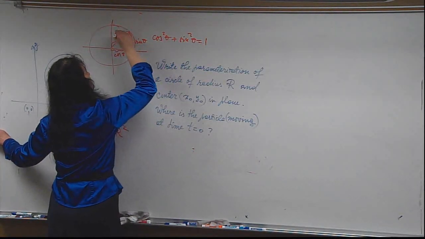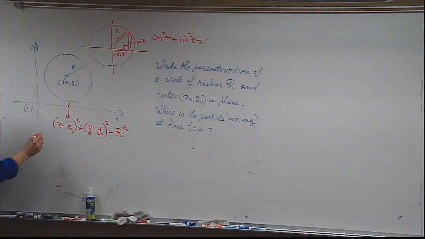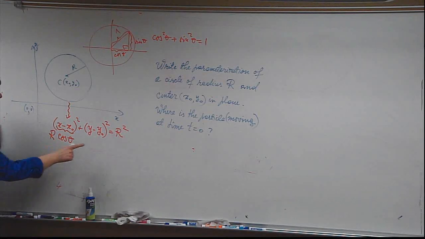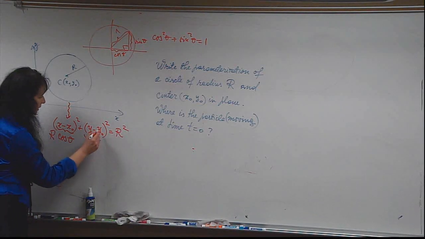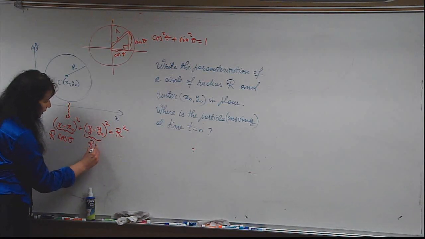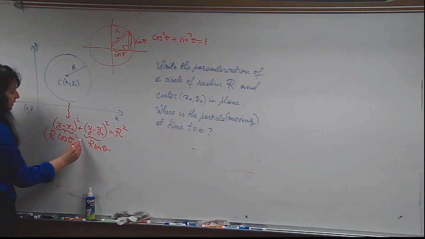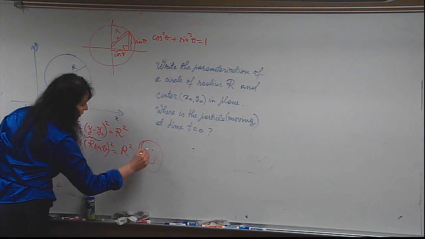So x minus x0 should be r cosine theta. Why an r? Because when I square, I want the r squared out. And here, y minus y0 will be r sine theta. Am I going to be in good shape? Yes, because when I square this one plus this one, it gives me exactly r squared, and this is my smiley face.